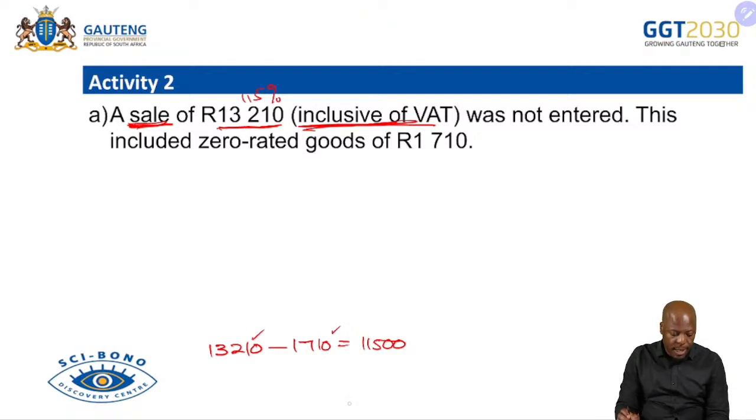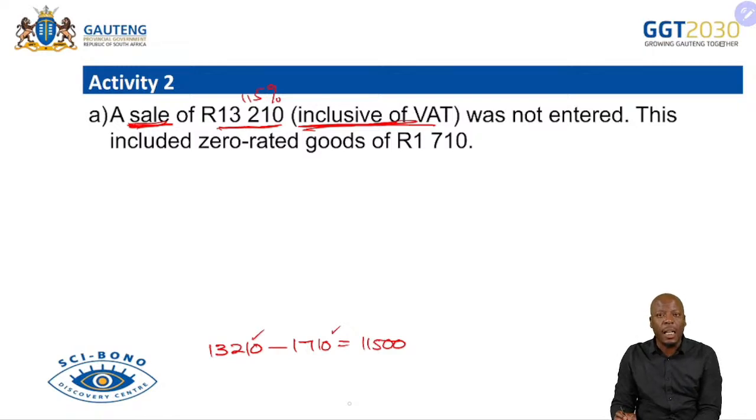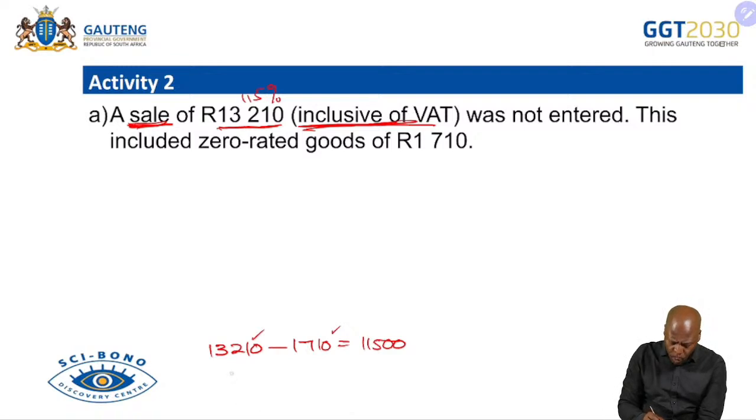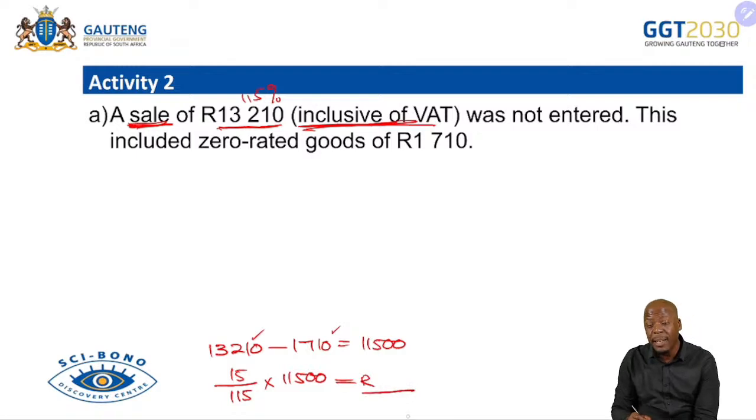Remember, they say that amount is inclusive. It includes VAT. So what do I want? I want VAT. What do I have? Inclusive. 115 multiplied by 11,500. Please punch that in the calculator. Give it to me quickly. Anyone? Thank you so much. Someone is saying we get 1,500.